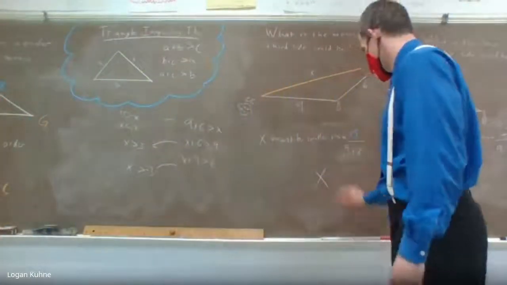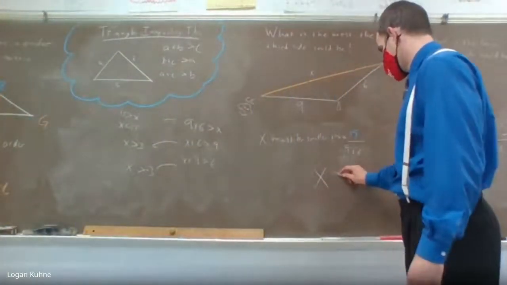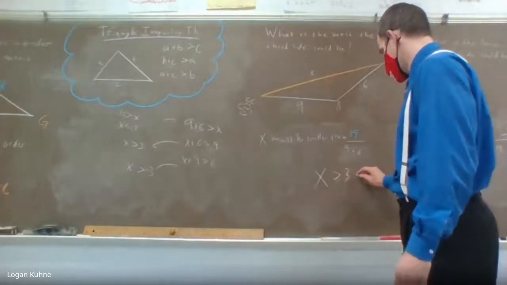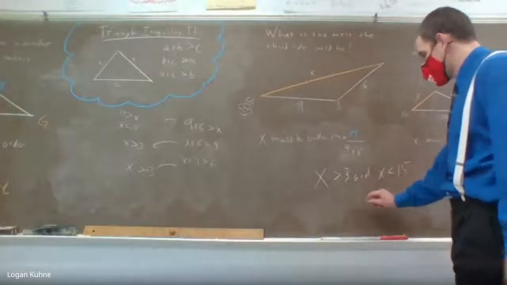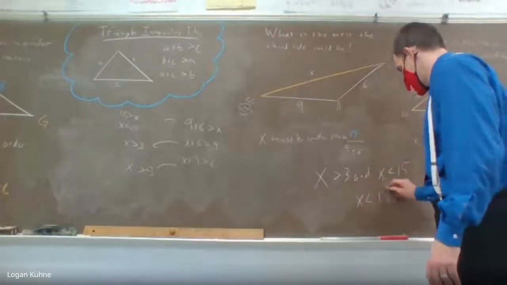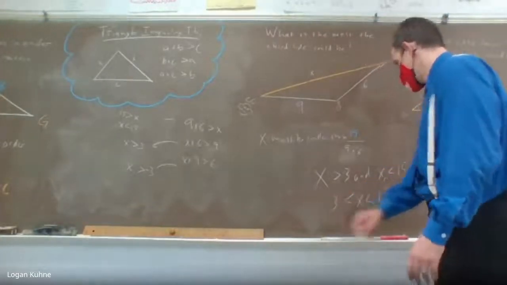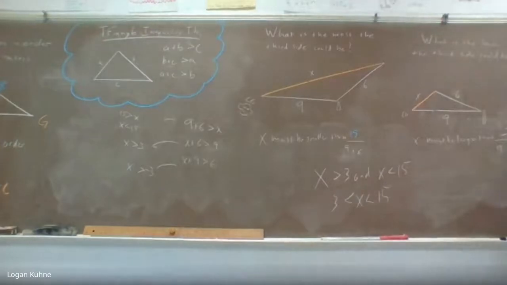X is greater than 3, and X is less than 15, or you can write it X is between 3 and 15. That's cool. This is also cool. Both answers are correct.